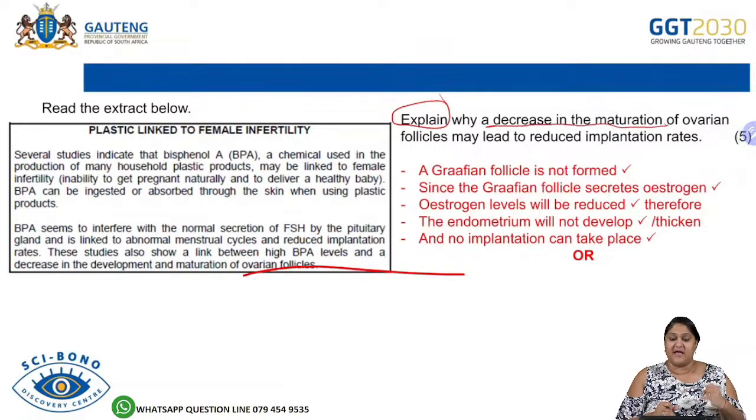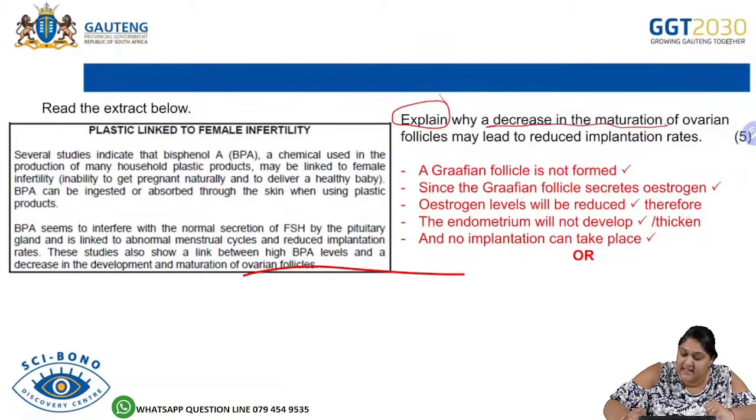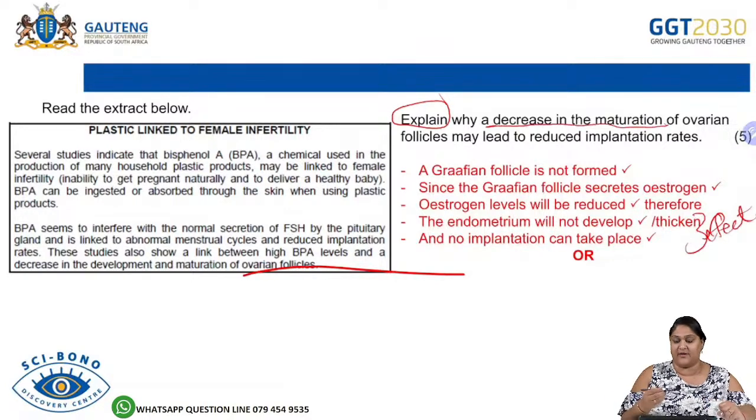So what is the cause? The cause is that the Graafian follicle is not formed, and because the follicle secretes estrogen. So you mentioned all your points. And what is the effect of this? The effect is that the endometrium will not develop and implantation cannot take place. So these ones are the effect, and the other 3 points are the cause, right?